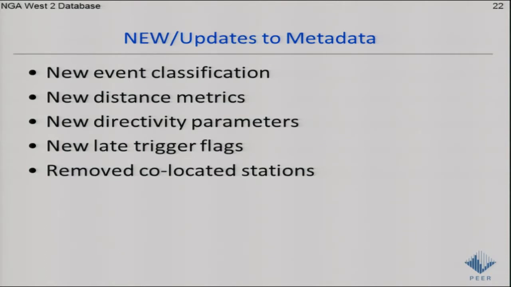Just to be brief, we included a new event classification for the events, new distance metrics that were not provided in the NGA West 1 project, new directivity parameters, new late trigger flags, and then, as an improvement of the database, we removed co-located stations so that if a location had two different types of recordings, we only included the best or most reliable recording at that location.